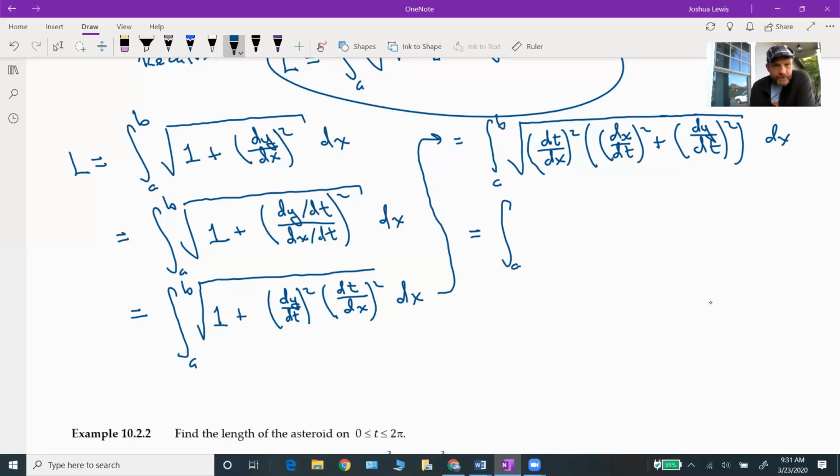Gets even better. Because (dx/dt) quantity squared is under the square root, right?